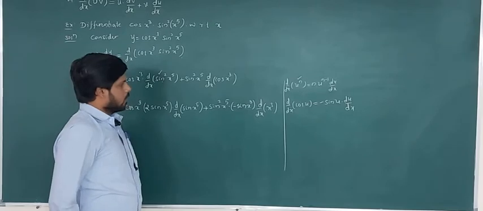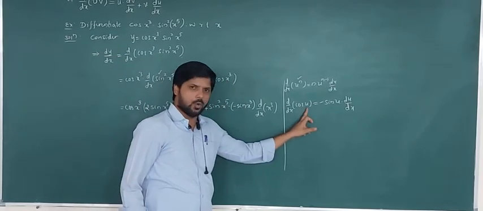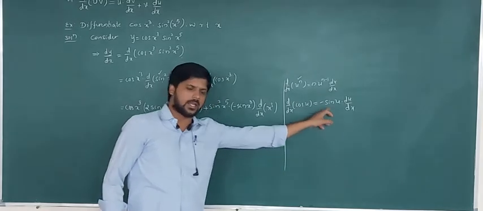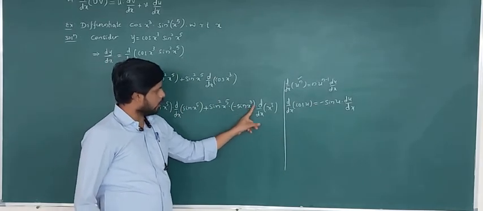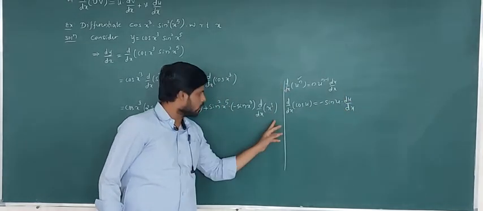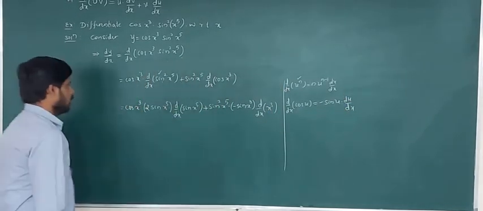Here u equals x cube. So therefore cos differentiation is minus sin x cube into d by dx of x cube. Now differentiate.